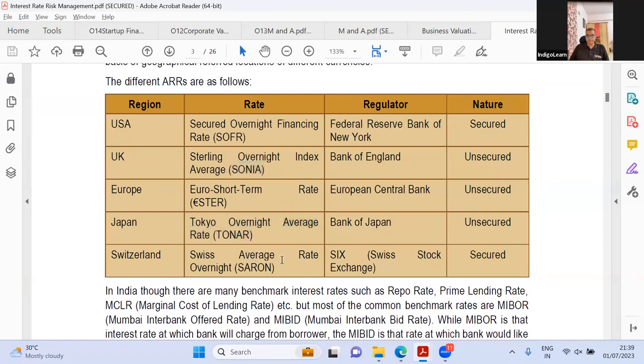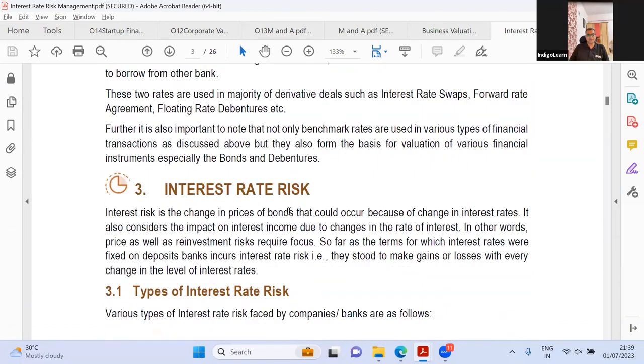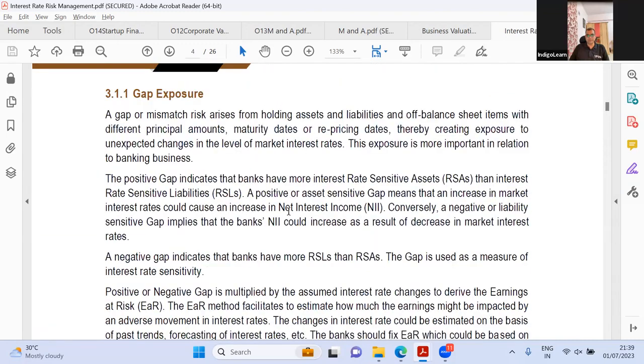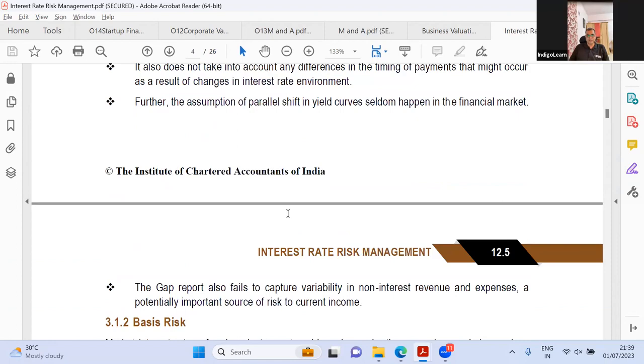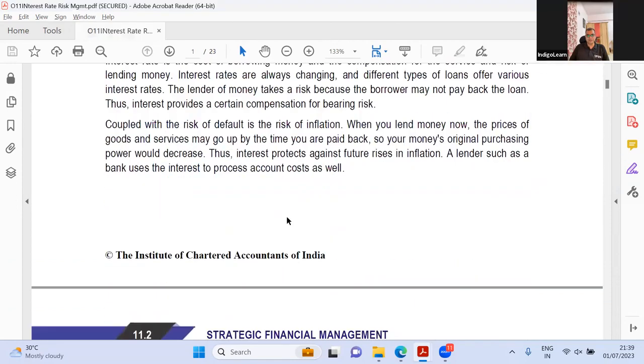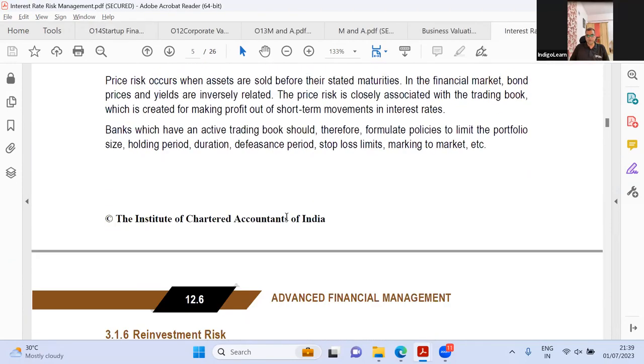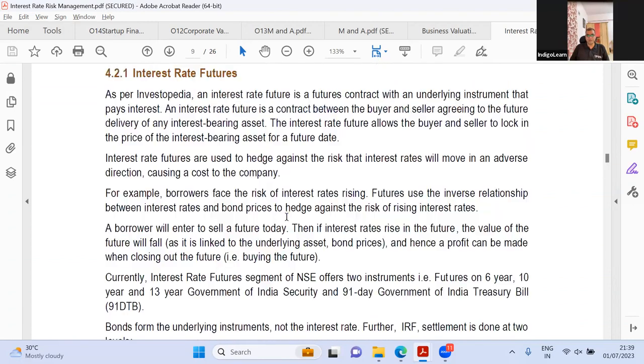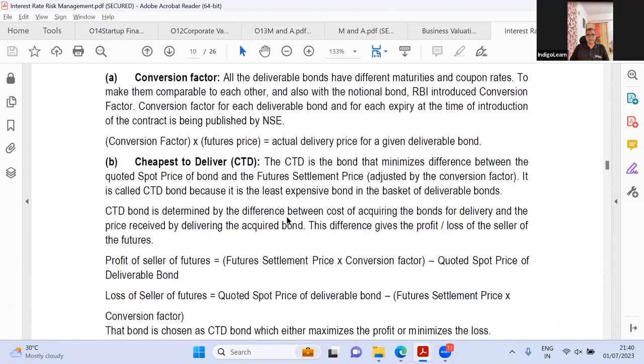You have the Tokyo rate, Swiss rate, a bunch of that. They have added those aspects because questions on LIBOR could no longer be given, as LIBOR is no longer relevant. Other than that, it is all pretty much the same. There is not much of a change here. In asset liability management, they still continue to give LIBOR questions, guys. That's pretty sad, actually.